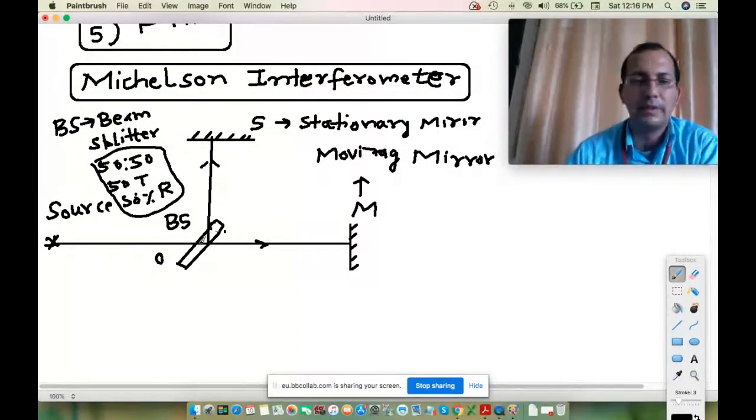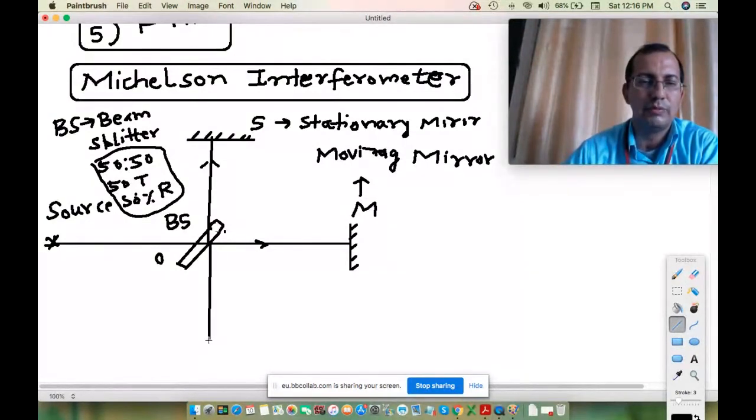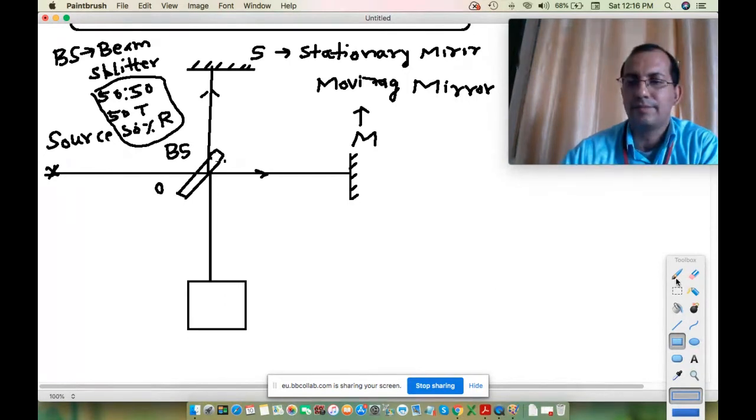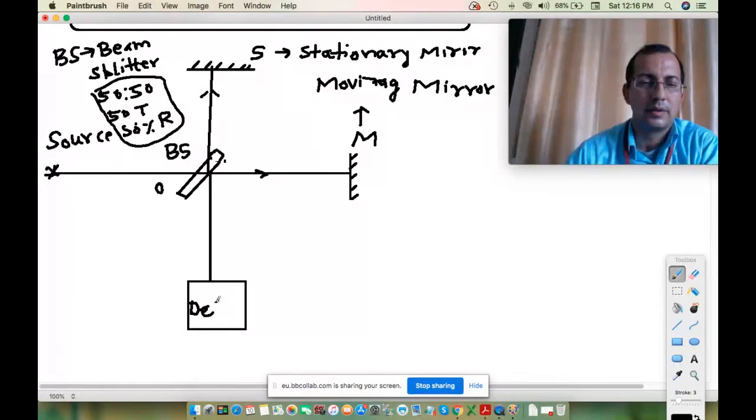So what will happen when these two beams overlap in this case? Both of the beams, when they are coming from this point, you can have a detector over there. Here you would have a detector. This is your detector. So what will happen here?